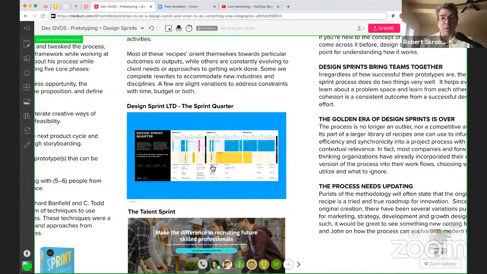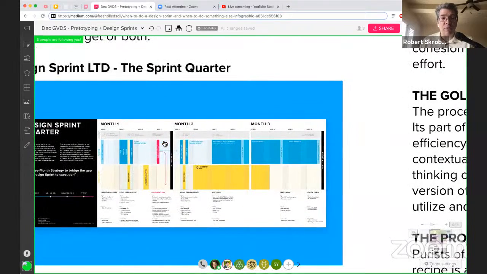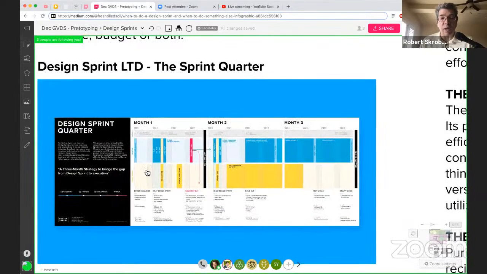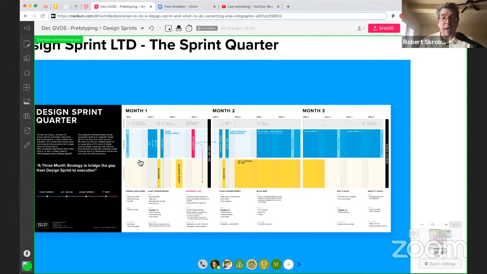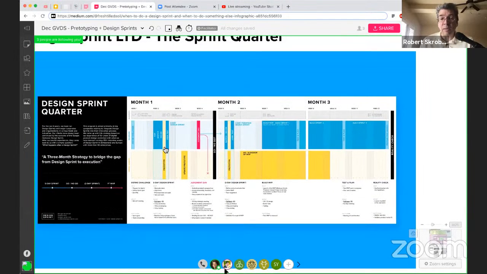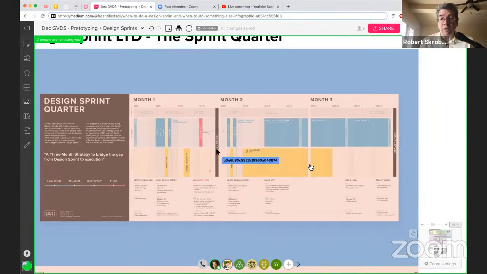Steph Cruchon basically envisioned, what would it be like if you were in an agile environment after a design sprint? How would you map this properly to both time and resources within a larger organization? What would you need to cover? When he came out with this, he surmised that it took about 3 months on a strategic level to take a design sprint process and have it touch on many different things.